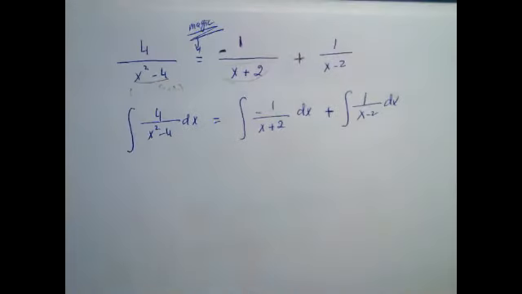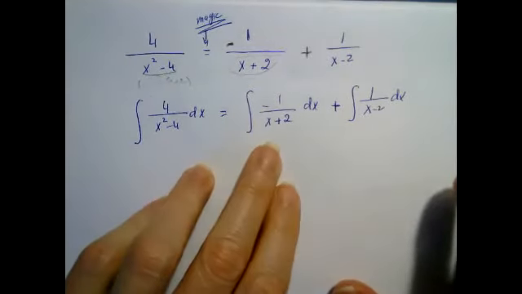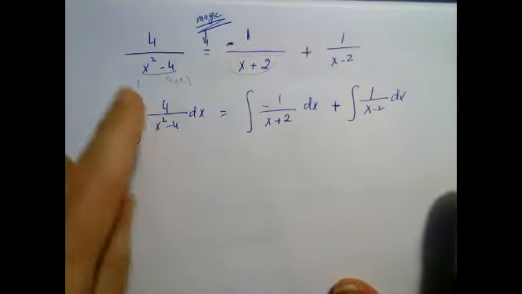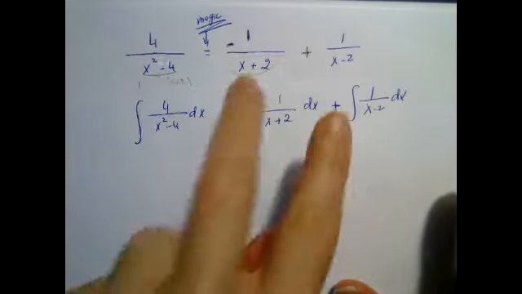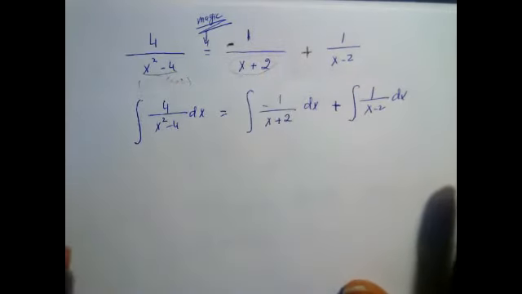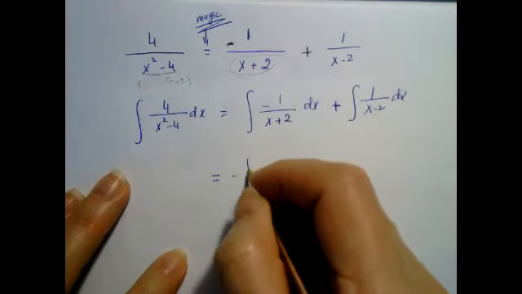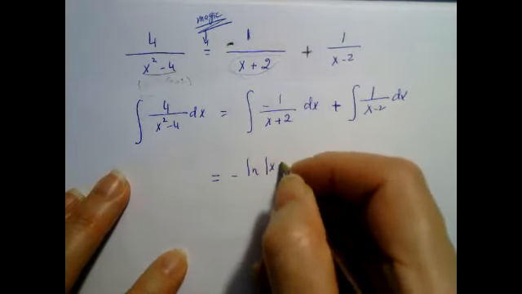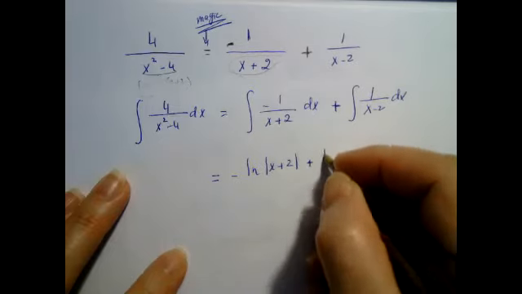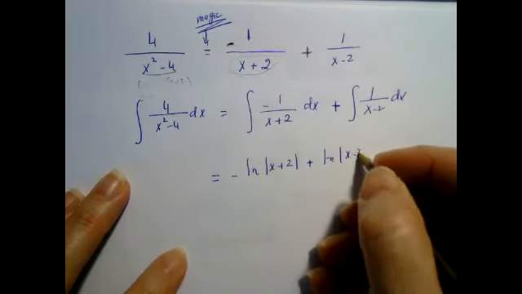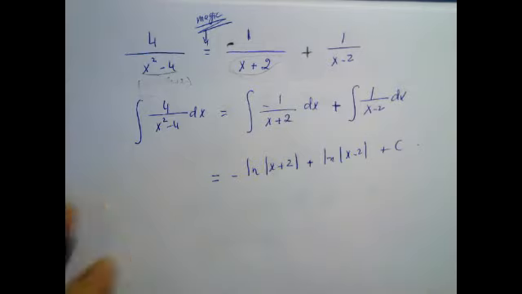Being able to decompose it or to rewrite it in this format will make the integral much easier, because I transformed a hard one into two very simple integrals to deal with. If we do a little bit of substitution, this is going to give me ln of x plus 2 plus ln of x minus 1 plus c.